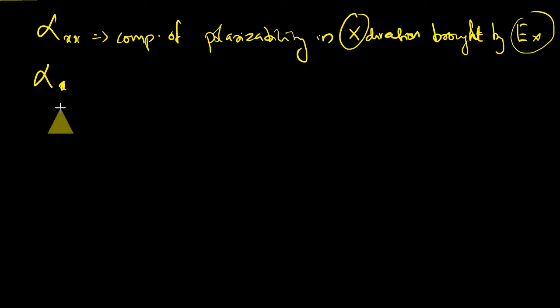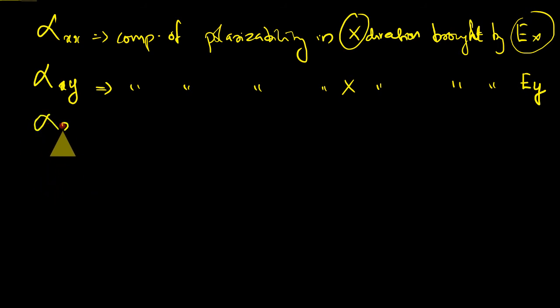So let me call this alpha xy. Alpha xy is the component of polarizability in the x direction brought by the component of electric field in the y direction.